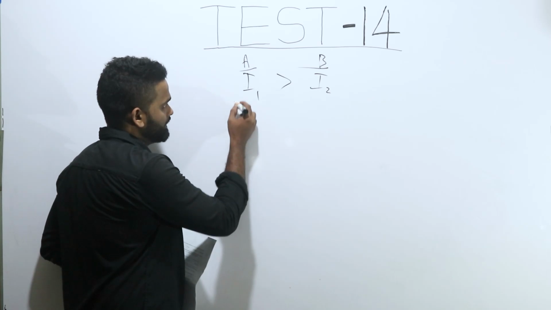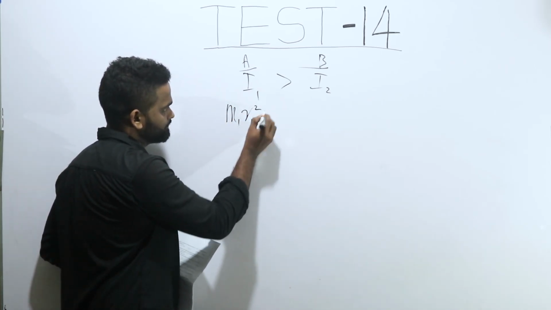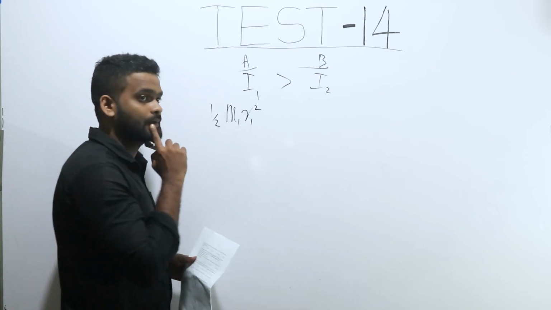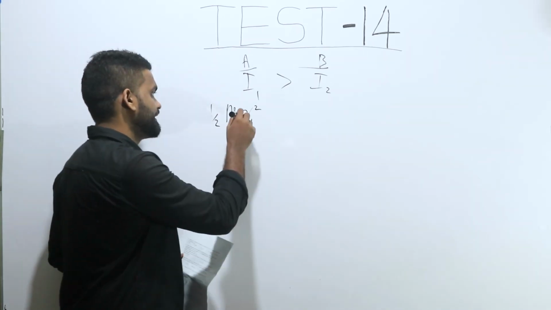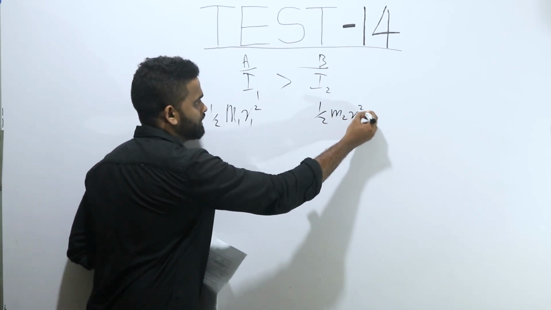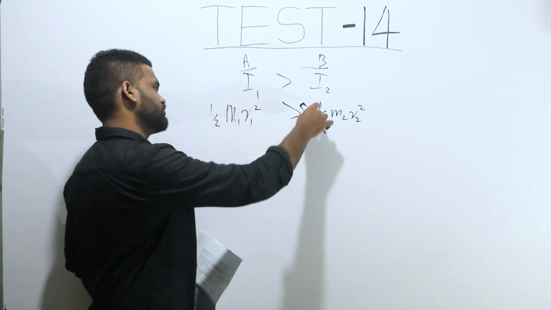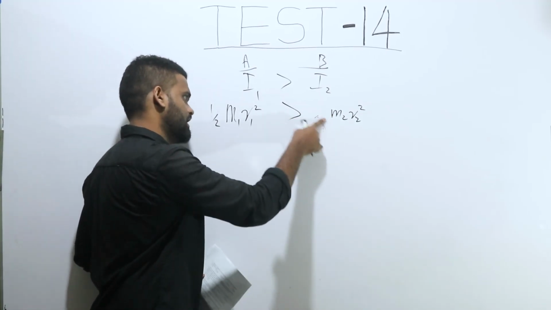I'll just write for I1. Let's say the mass of that is M, radius R, so M R square. Here I'll take mass M2, radius R2. You don't have to think about the half.